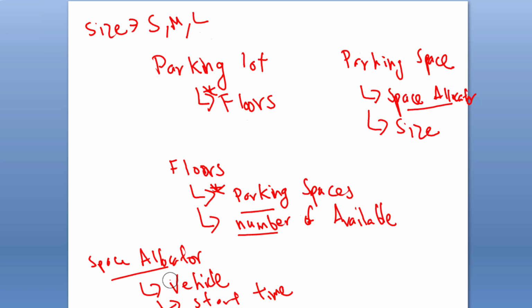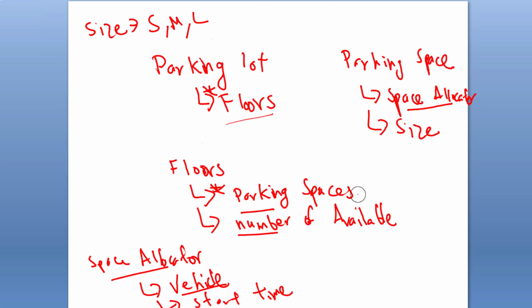And space allocator will also have a field of vehicle class. We will define it shortly. Let's first analyze this diagram that we have built till now. A parking lot will have multiple floors. A floor will have multiple parking spaces with a number of available spaces value also.